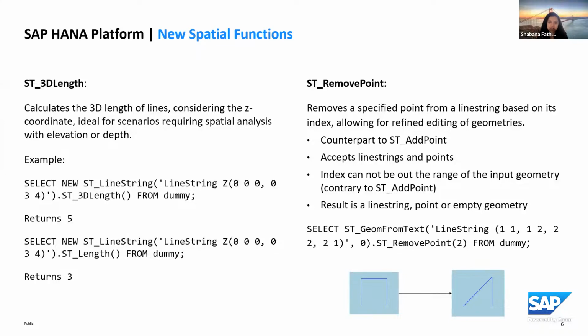You can add any point using that function, but now you also have the capability to remove the points that you don't need. That means you get more flexibility in refining your geometries. This feature is also particularly helpful when you need precision in adjusting your paths or simplifying the geometries by eliminating any unnecessary points. That's what it is especially made for.